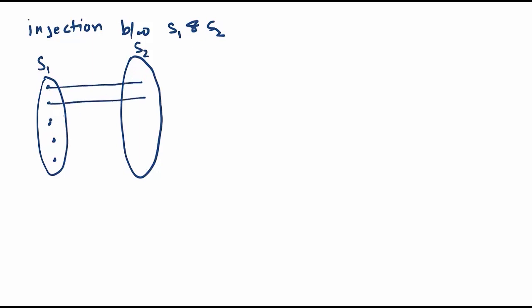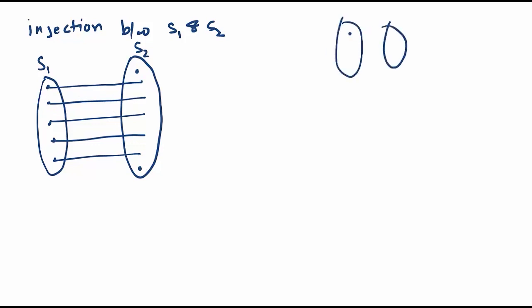Some element of S2 might not relate to any element of S1, that's okay, but each element of S1 should relate to a unique element in S2. This kind of possibility is not there: two elements of S1 should not relate to one element of S2, right?